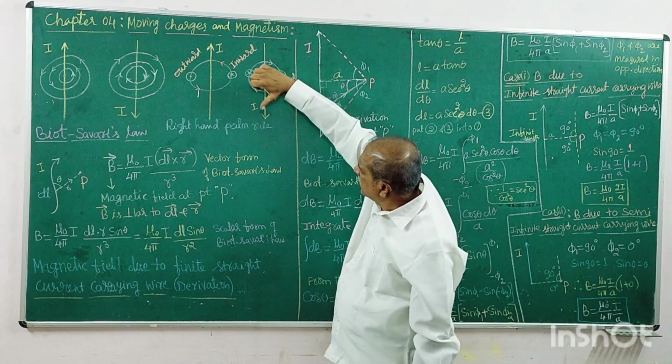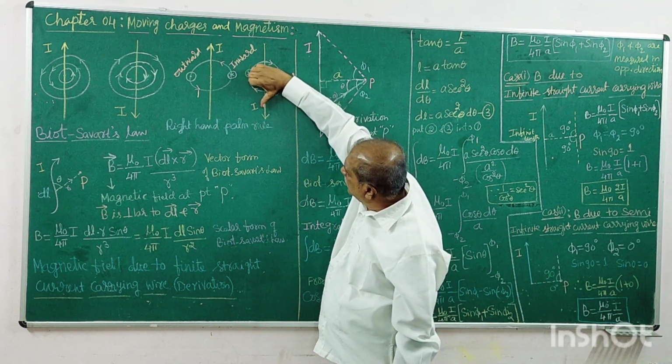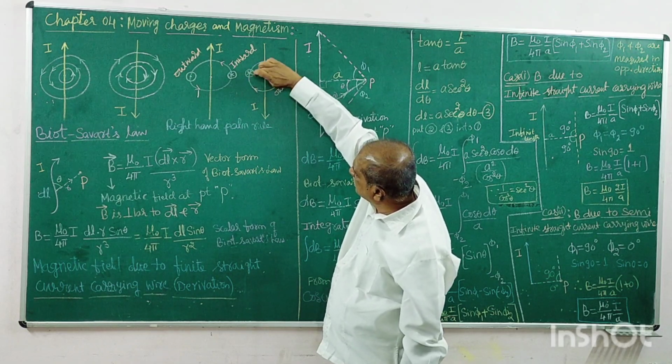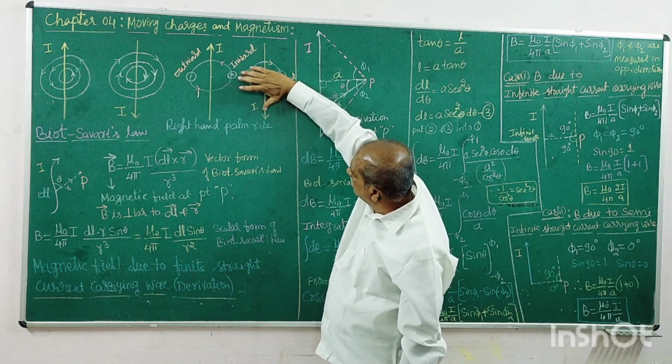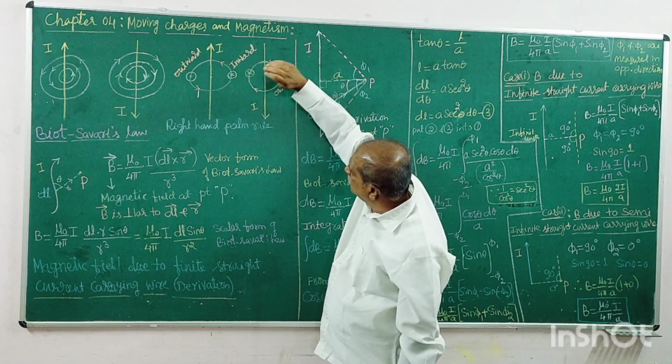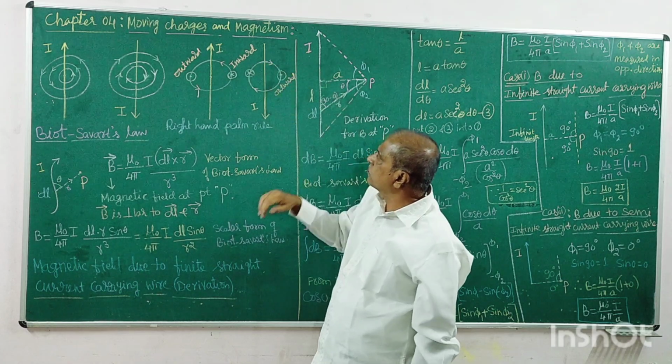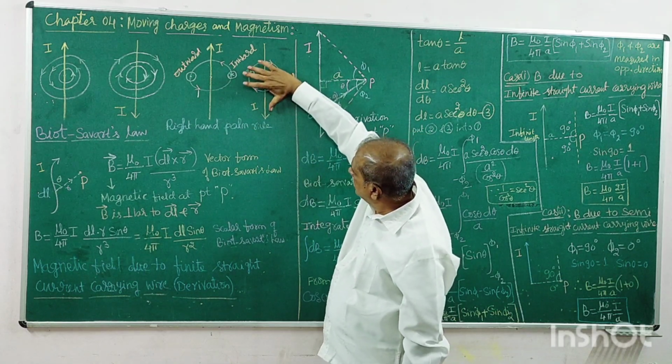So hold the conductor like this, with the thumb showing the direction of the current, and the fingers encircling the conductor. The point is here, and move the fingers like this. The fingers move inward on this side, so the point is in the inward direction. What about here?